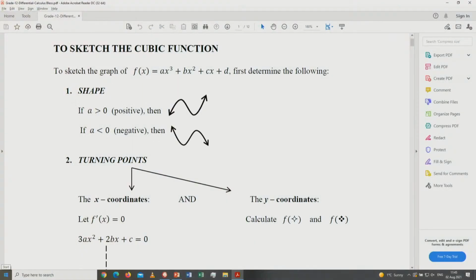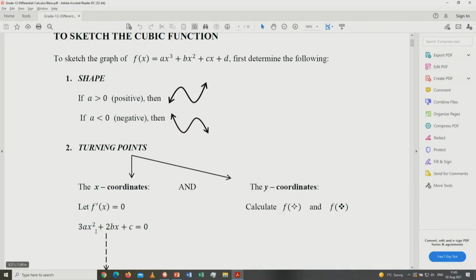I was at the turning point, explaining to you that at the turning point, f prime of x is equal to 0. Now, if you are to sketch the cubic function, you still need to determine the turning points. Therefore, you differentiate once and equate it to 0, and then from there you'll have something of this nature.